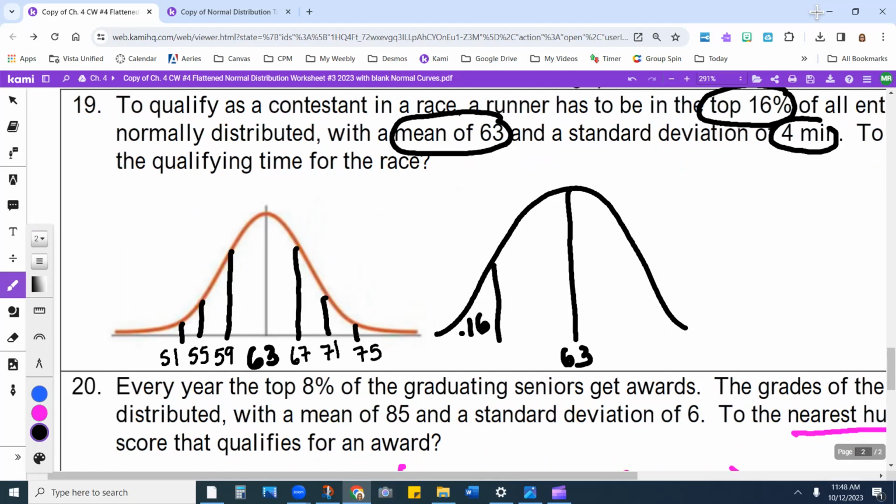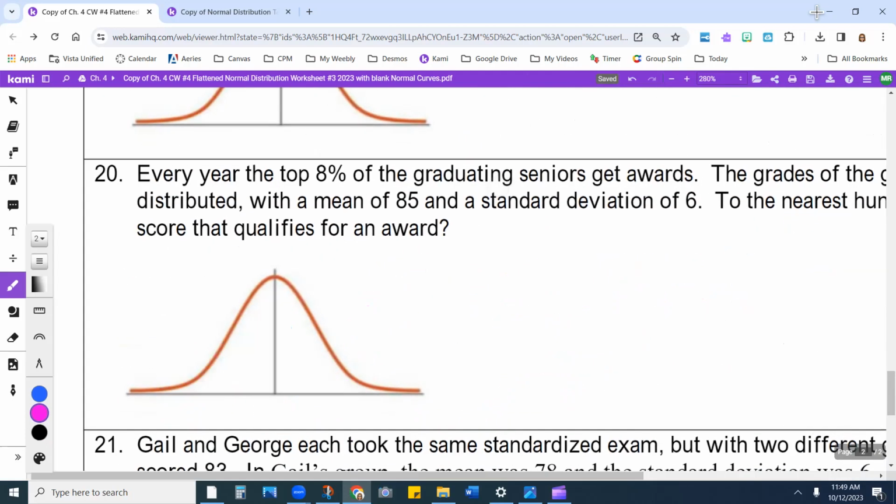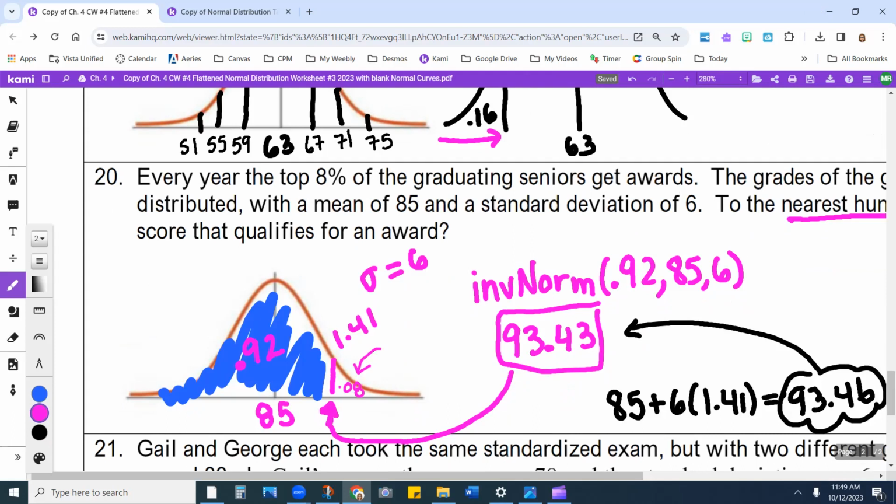That's where we want to be because we want a smaller time, because that means we're faster. We got done in less time than other people. Since we start from the left to the right, I'm actually going to put in the 0.16. I did not put in the 0.08 because I didn't want to be at the bottom 8%. I wanted to be at the top 8%.